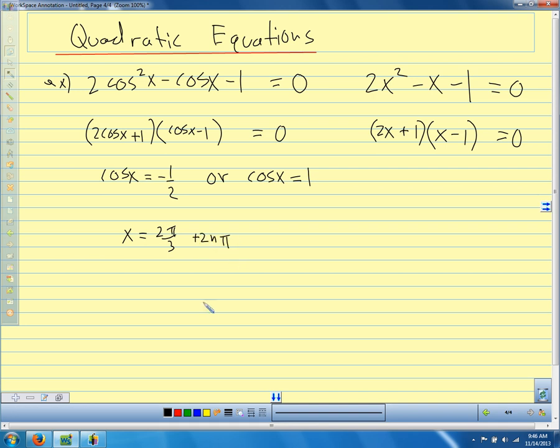Two pi over 3 plus 2n pi, and where else? Gives us a negative x coordinate of 1/2. 4 pi over 3.